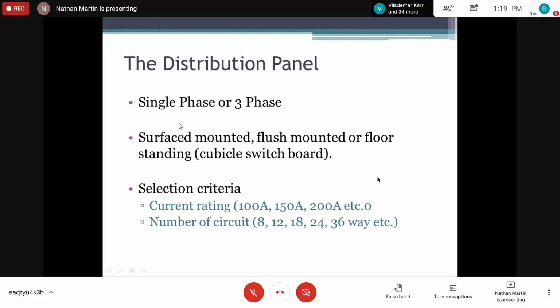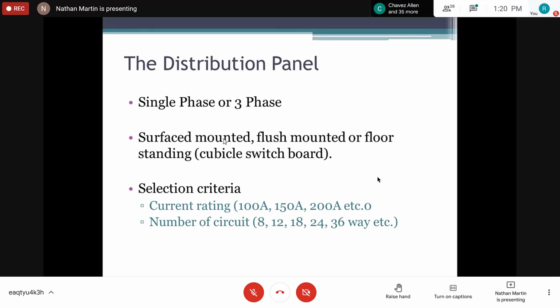Now, most panels at present will come with a connection between your earth bar and your neutral bar, right? It's still good to link the two with cables, right? So we don't rely on that, but we still link our supplies with cables.